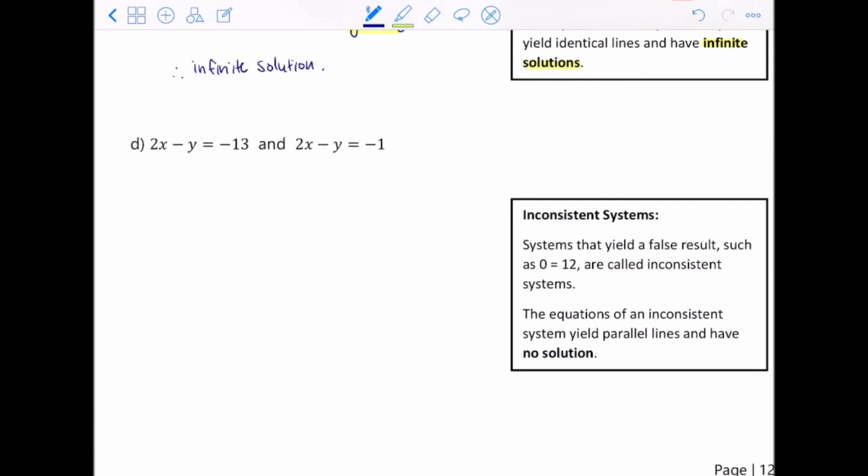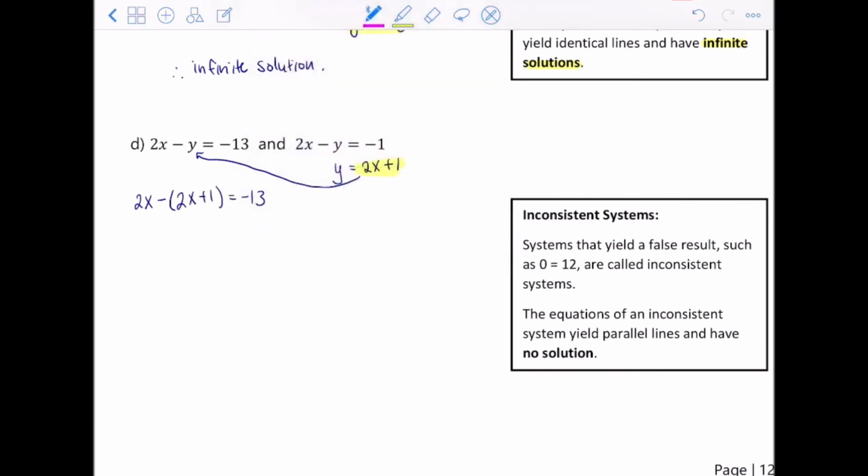For part D, I'll isolate y this time from the second equation. So y equals 2x plus 1. And I'm going to sub this value into the y value here. So we have 2x minus 2x plus 1 equals negative 13.